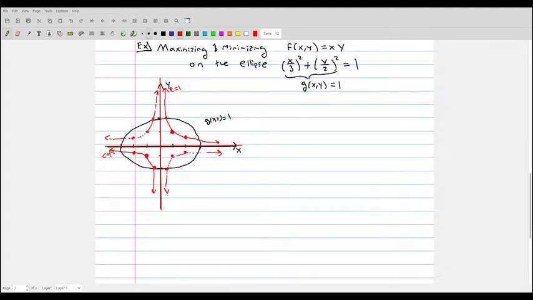And you can draw more level curves for higher and higher values of c. You're just going to get hyperbolas for larger values of c that are stretched out a little bit more.